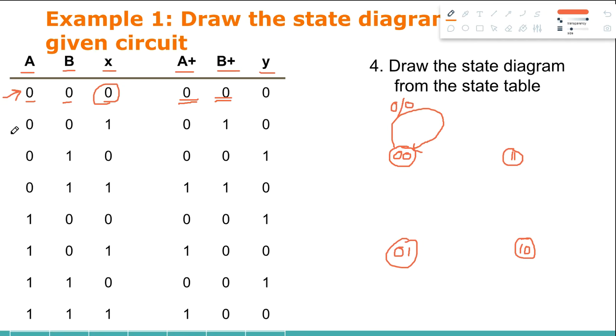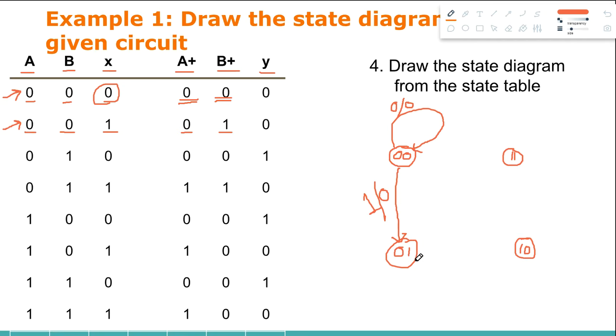Let's check another. If the present state is 00 and the input is 1, then the next state would be 01, and the output is 0. So here's the output.